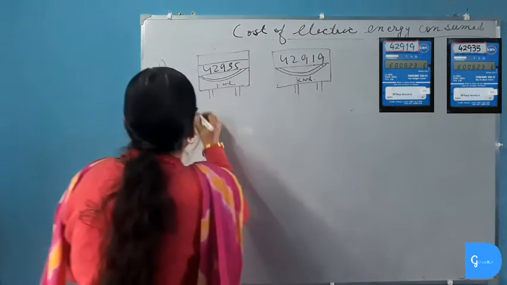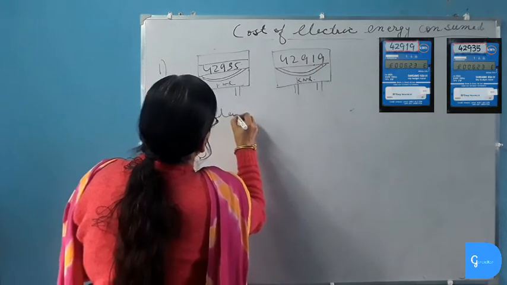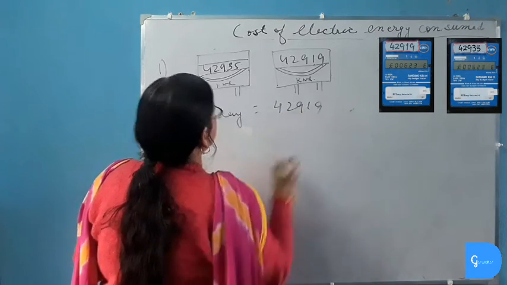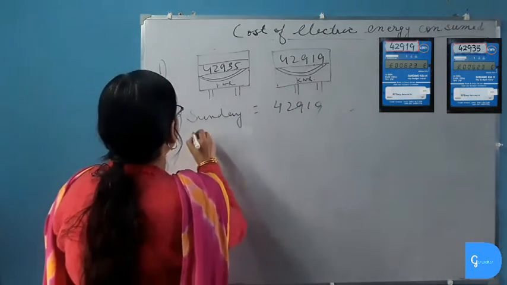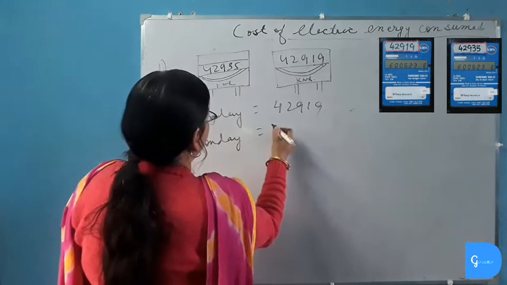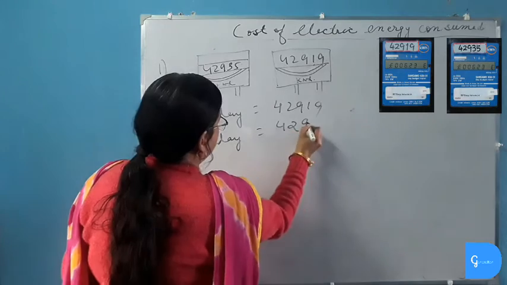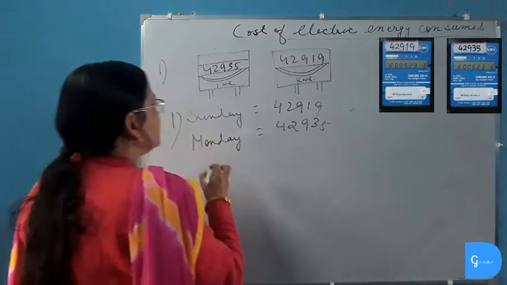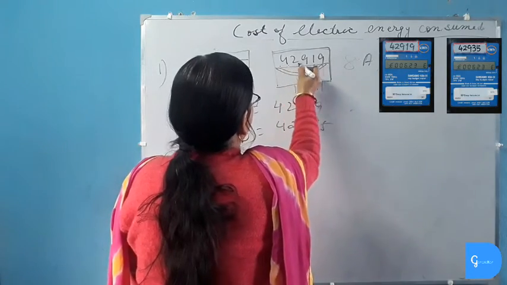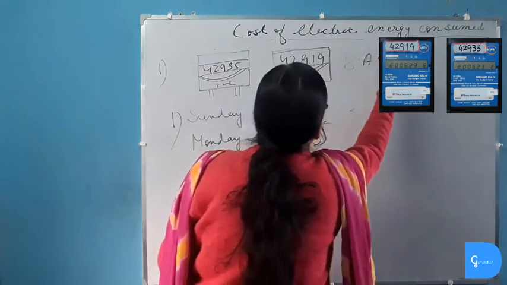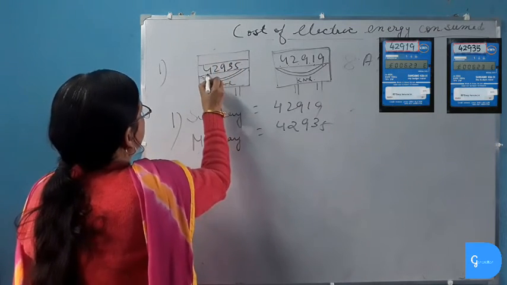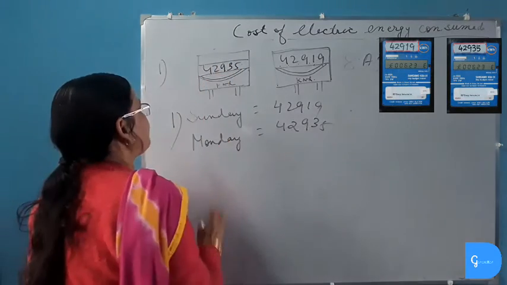So on Sunday the meter reading was 42919. And what is the meter reading on Monday? Monday will be 42935. The boy noted the meter reading of 42919 on Sunday 8 am and on Monday 8 am he noted the meter reading was 42935.